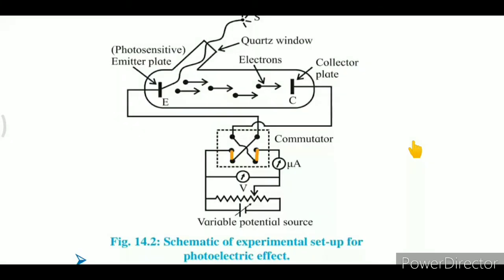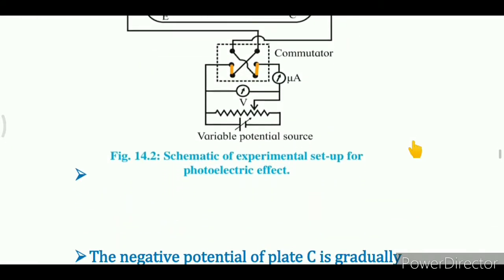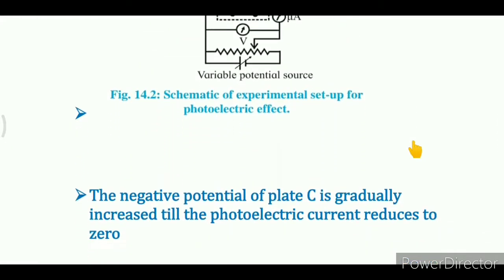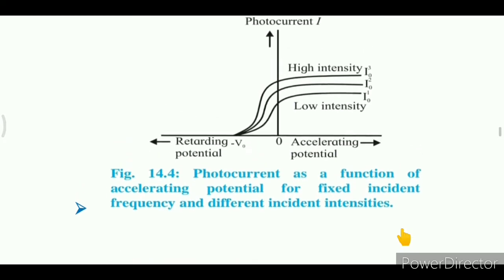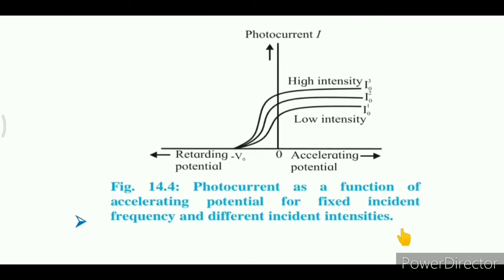In this arrangement, the negative potential of plate C is gradually increased till the photoelectric current reduces to zero. We are referring to the same diagram, figure 14.4. One part we have discussed is when the collector plate is maintained at positive potential.